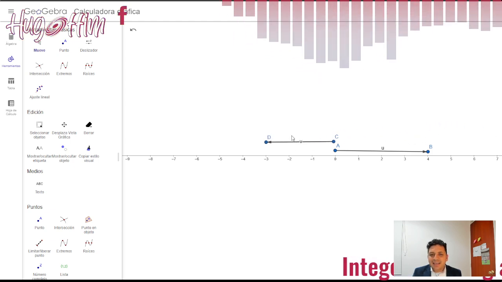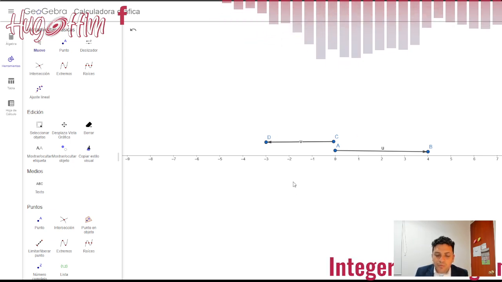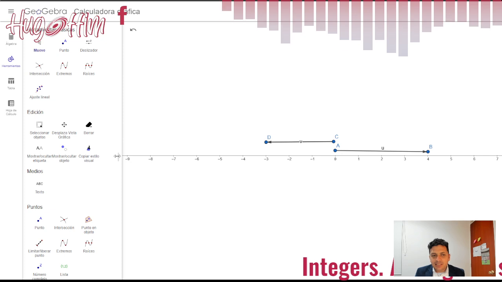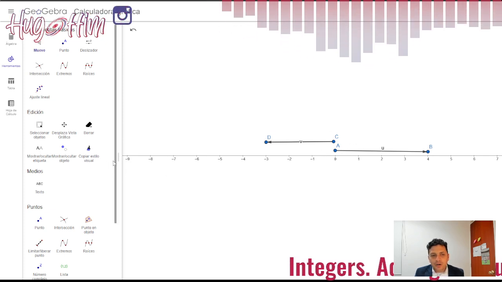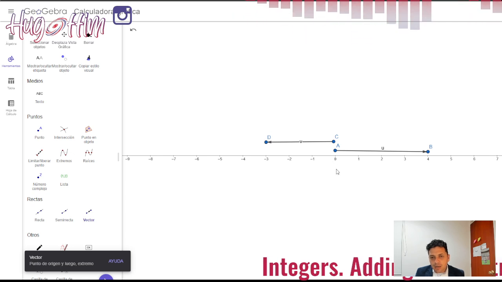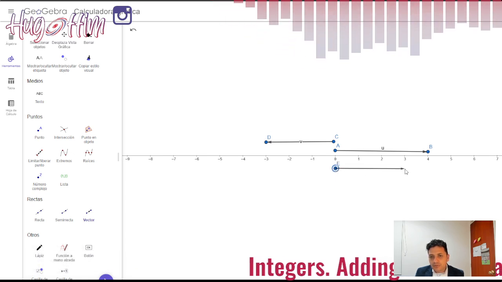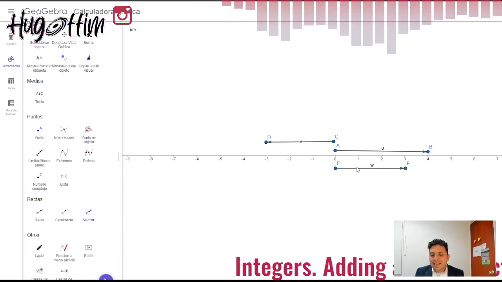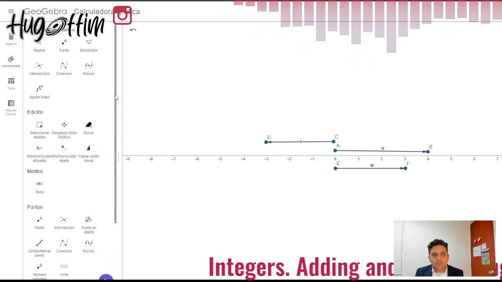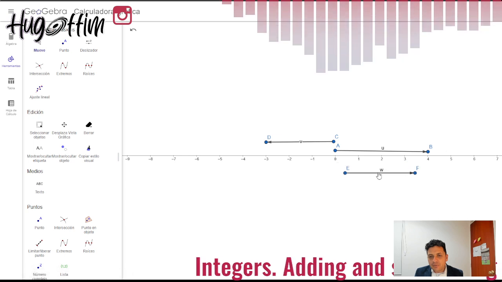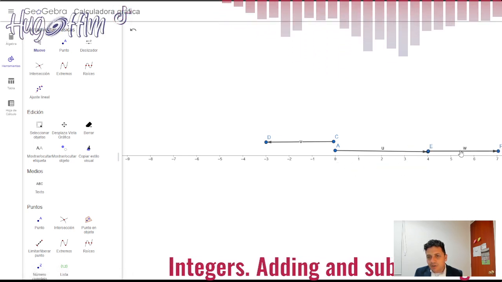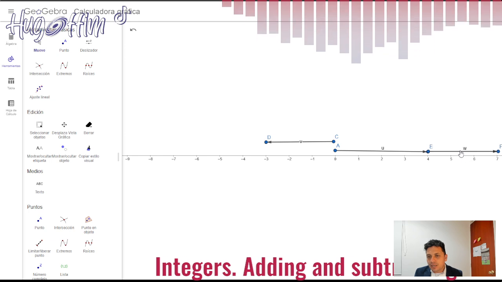Now, what does it mean to add two numbers? For example, I want to add two positive numbers. Let's say that I'm going to add the positive number 4 with the positive number 3. So here I can draw another arrow that is positive 3. If I want to add 4 with 3, I just need to put one arrow that is 4, and then after this positive arrow, I'm going to put the other arrow that is 3, and I'm going to get the addition.